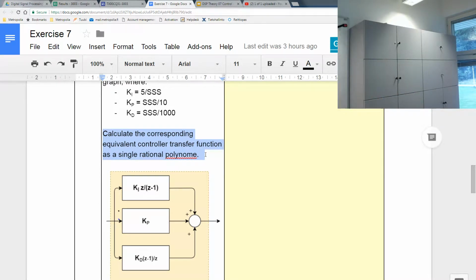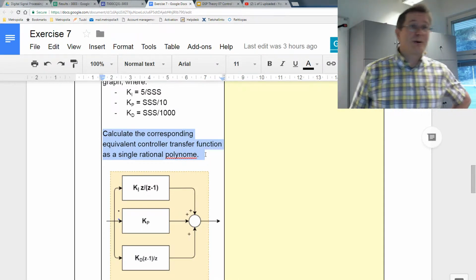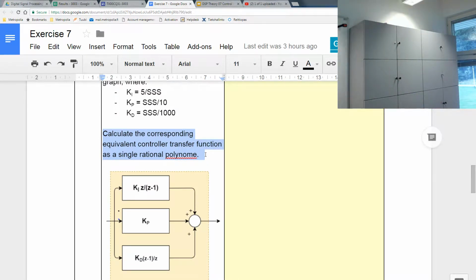So it has the separate terms, and then basically you can do it also with pen and paper, to calculate what is the corresponding transfer function, which has here b0 z squared plus b1 z plus b2 divided by a0 z squared plus a1 z plus a2, something like that.